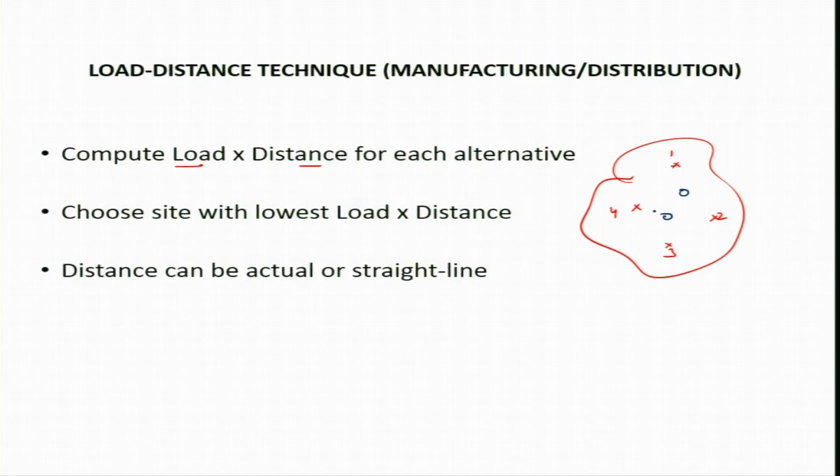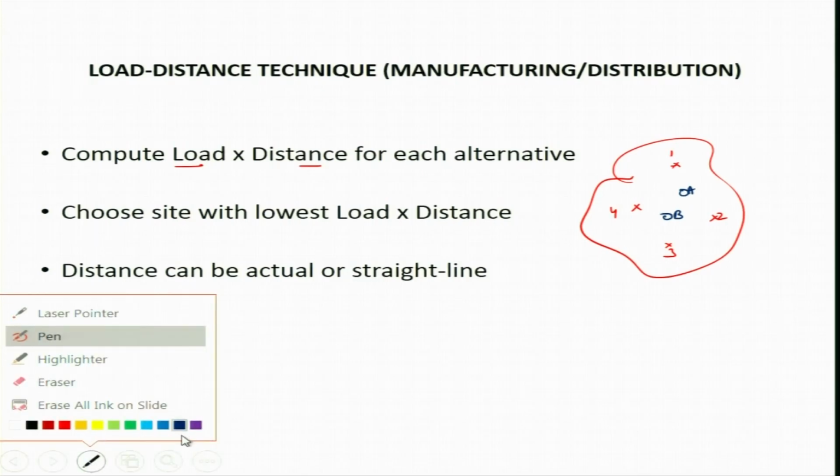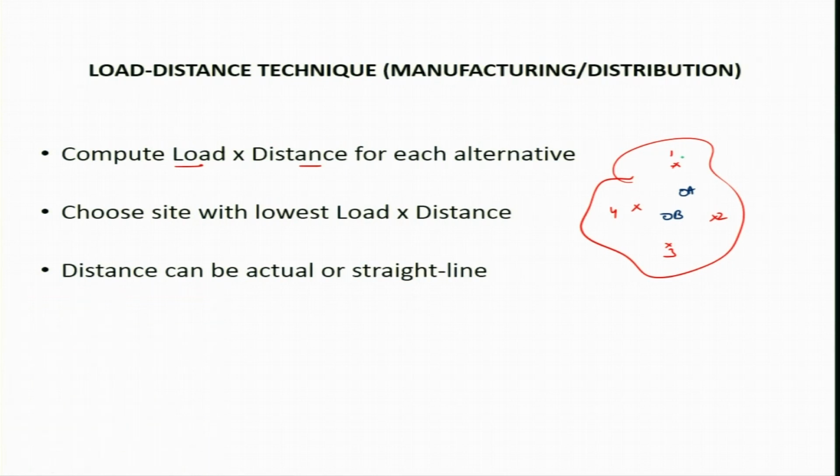Suppose that the total transportation requirement from location 1 is, let us say, 500 units, location 2 is 300 units, location 3 is another 300 units, and from this one 250 units.